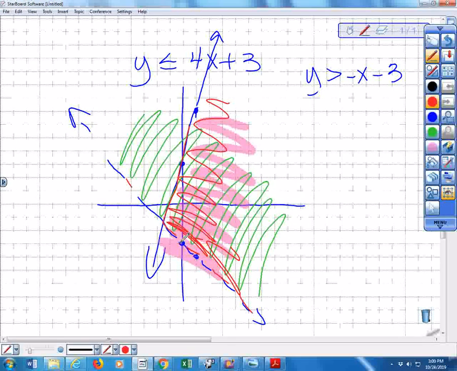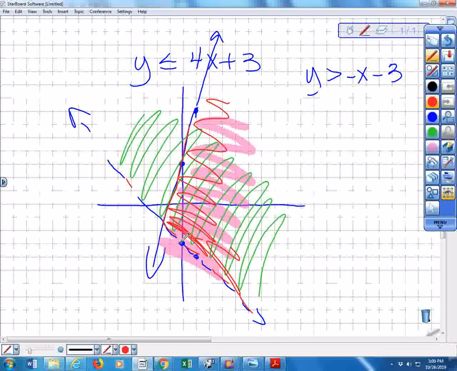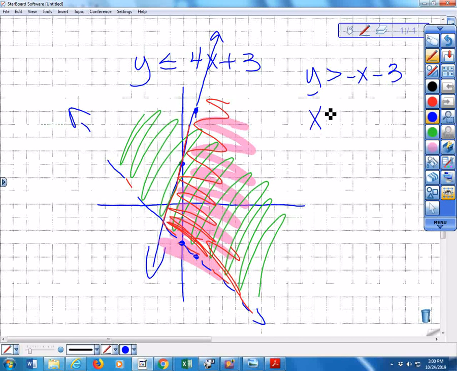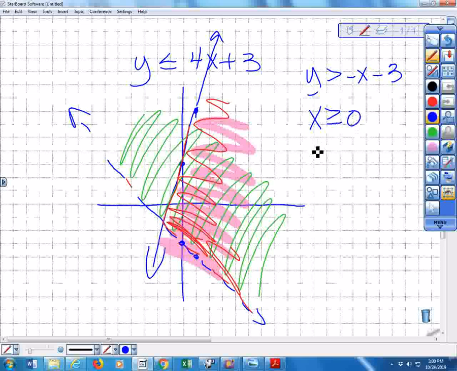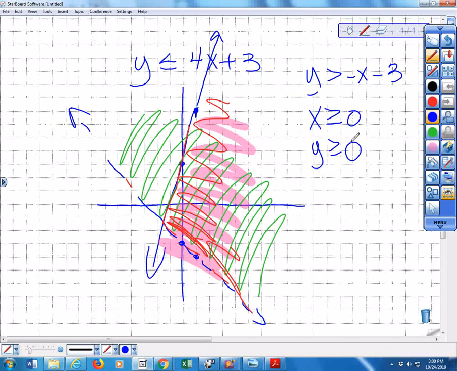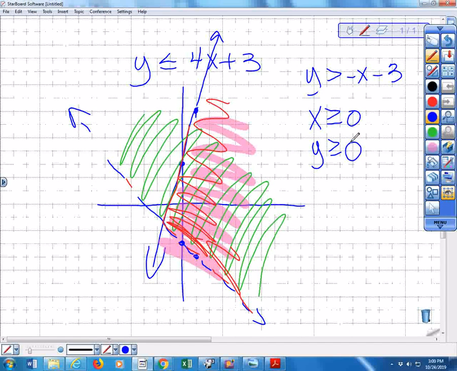Okay. So what WebWork is going to do to you now is throw in 2 more inequalities. All this does is put bounds, potentially, on this one.